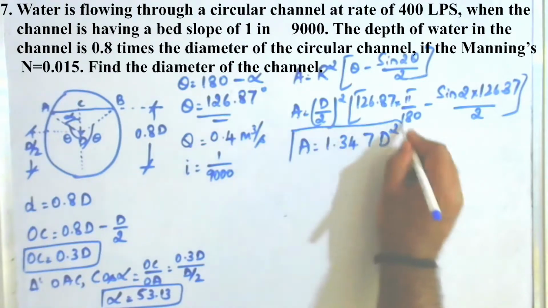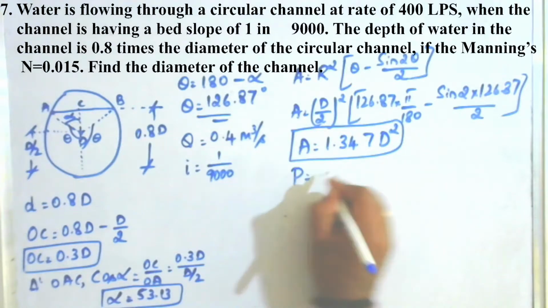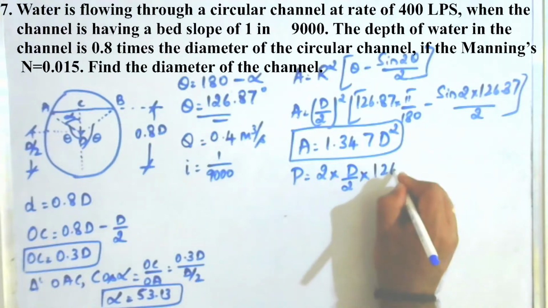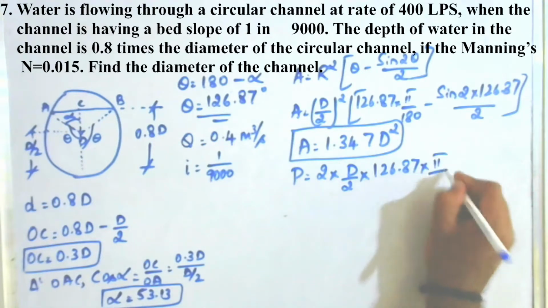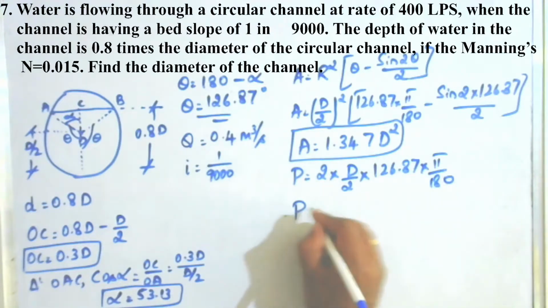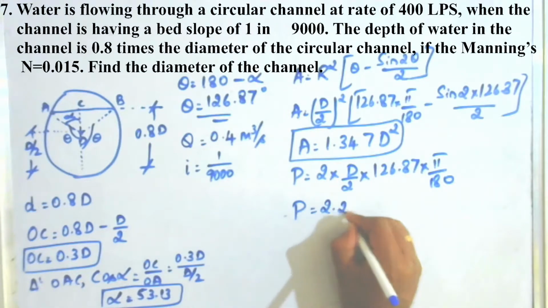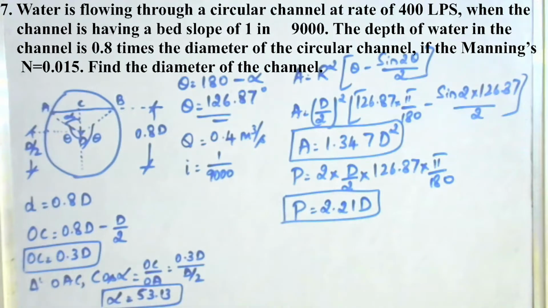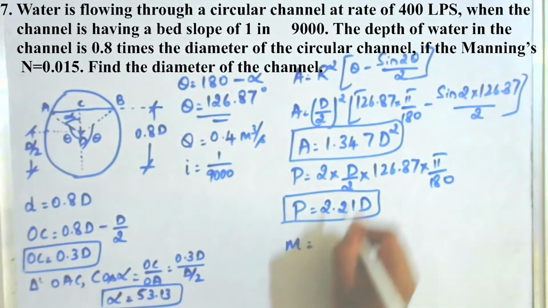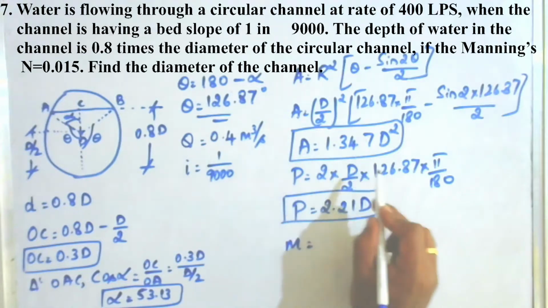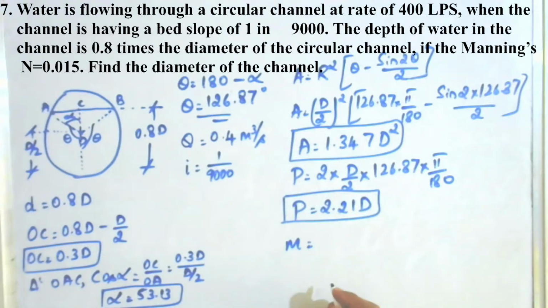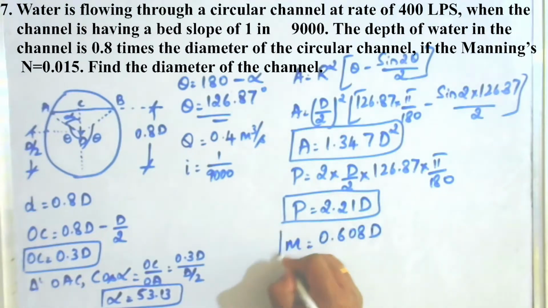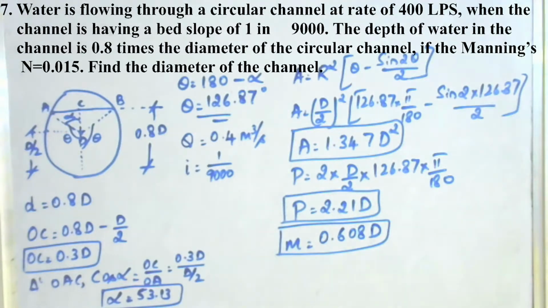So the area is also in terms of D square. Wetted perimeter P is equal to 2 into r, that is D by 2, into theta, 126.87 into pi by 180. So the wetted perimeter P works out to be 2.21 times D. Now the hydraulic mean depth m is equal to A divided by P, that is 1.347 D square divided by 2.21 D. Then the m value works out to be 0.608 times D.